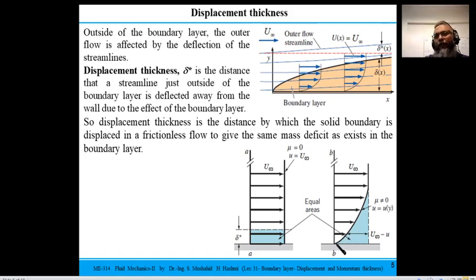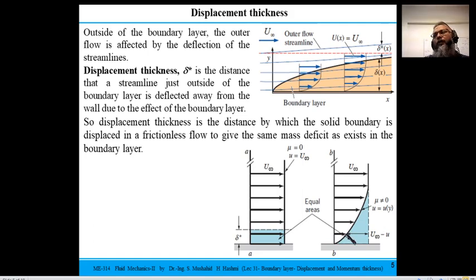At y equal to 0, the velocity is 0, and as y approaches some distance delta, where the local velocity approaches the free stream velocity, that is your boundary layer thickness. Typically the velocity profile is like this. If I am interested in calculating the variation of velocity as I move in the y direction, at that particular value of y, the velocity is u.